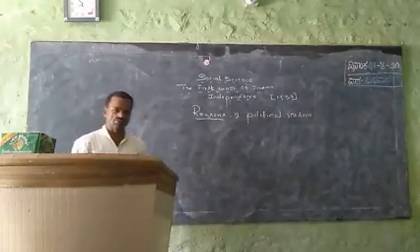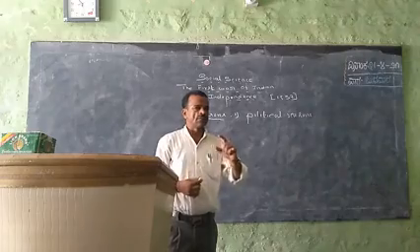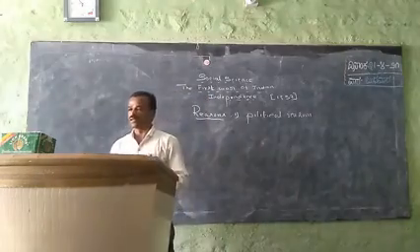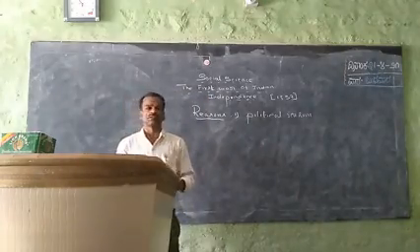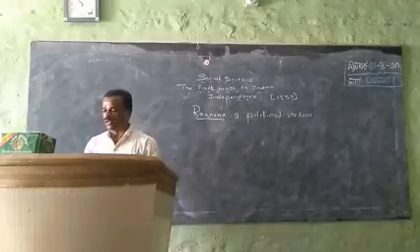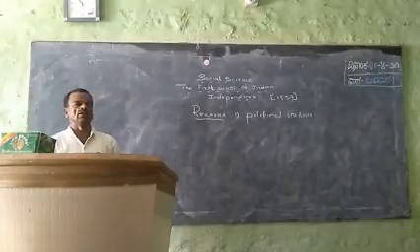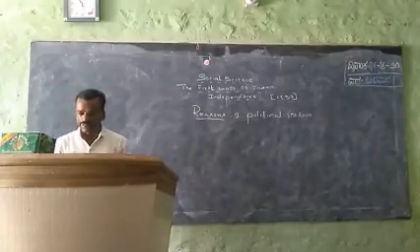According to Dr. Knopfler, many states of our country came under the control of the British. One is Satara, second one is Jhansi, and third one is Udaipur. These places became part of the British.